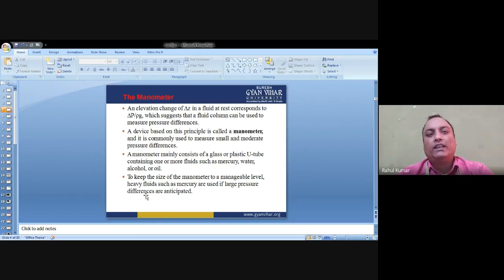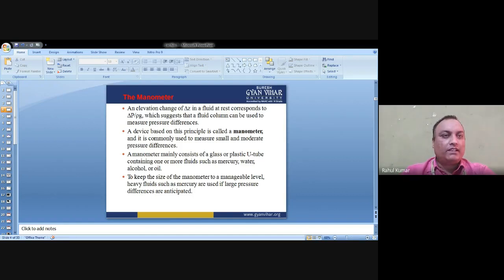Suppose you find the height with the help of a manometer, you directly find the elevation height delta Z, the difference in the two columns of the liquid, and this h gives delta P by rho g. This suggests that a fluid column can be used to measure pressure difference. A device based on this principle is called a manometer and is commonly used to measure small, moderate, or high pressure differences.